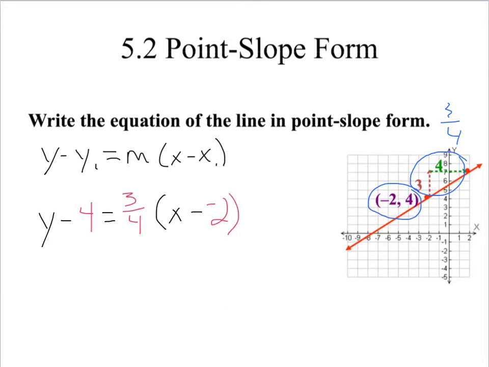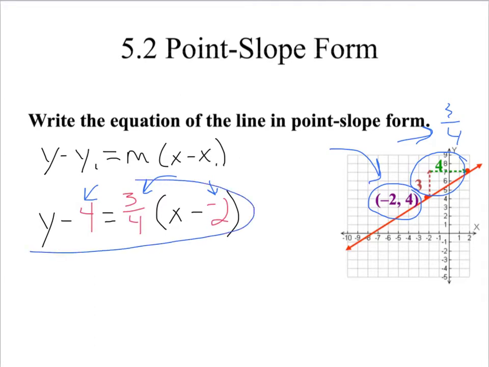Notice I just put in the information I know. I put in my coordinate, negative 2, 4, and then I put in my slope of 3/4, which goes right where my m is. So now I just put it into point slope form and I'm done. This is my answer right here.